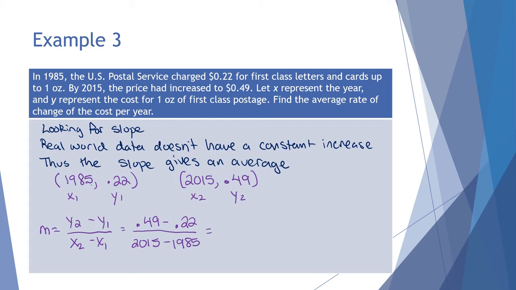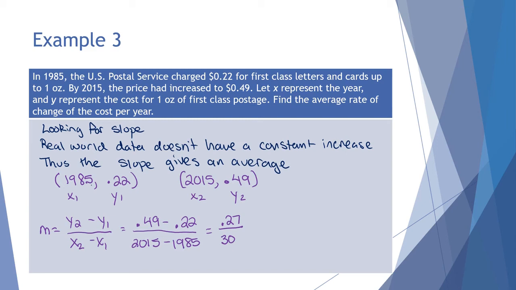Now I need to do the subtraction. 0.49 minus 0.22 is 0.27, and 2015 minus 1985 is 30. So this is telling us that the price increased by 27 cents over 30 years. That's the total increase. When we divide it by 30, it's giving us an average per year.